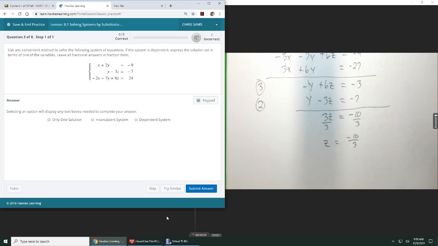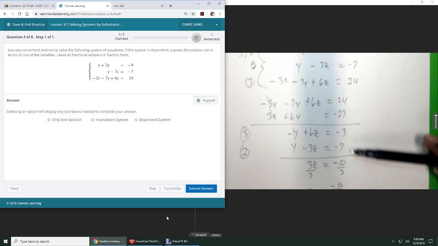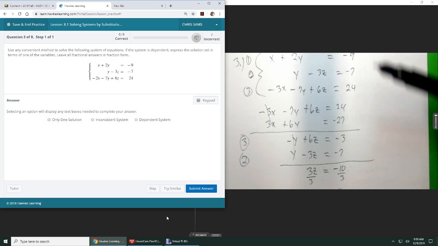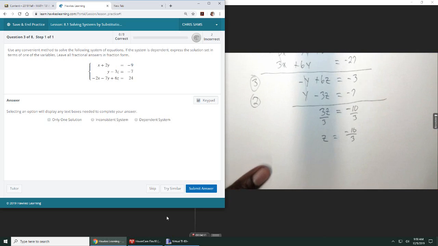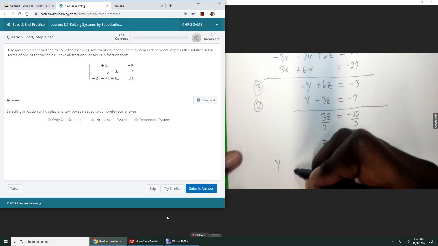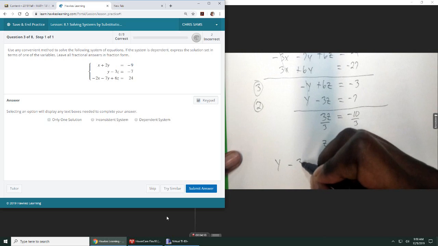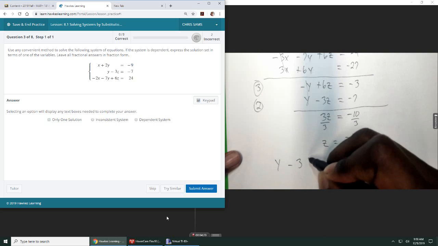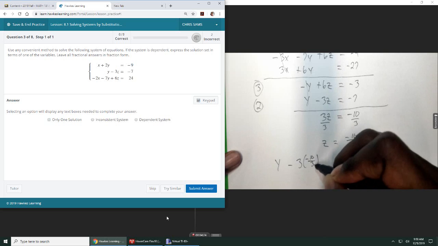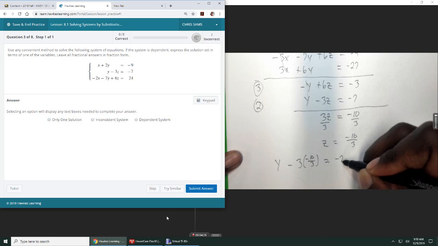Once we have z, we will go back and plug it in to one of our original equations. Namely, we'll say 2, because once I plug it here, I'll be able to figure out y. So I'm going to plug in this z value to my equation 2, which is y minus 3z. So instead of 3z, I'm going to put in negative 10 over 3. It's equal to negative 7.